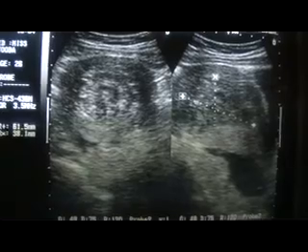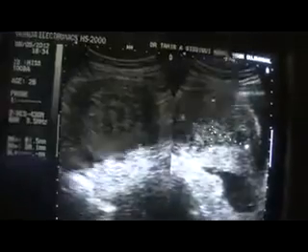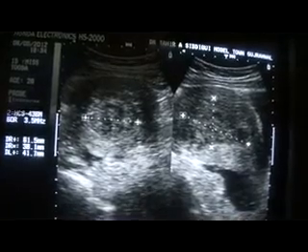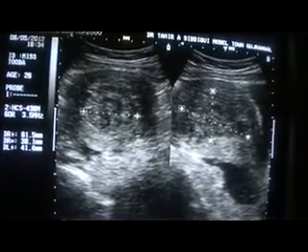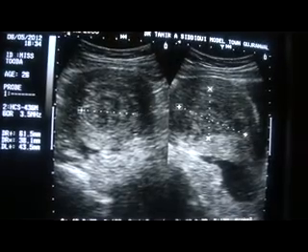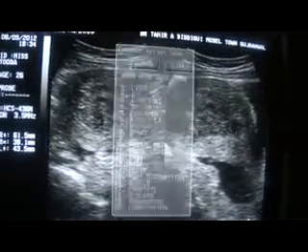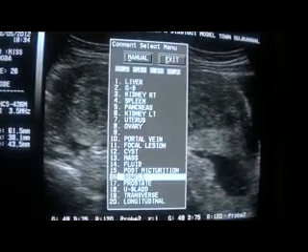Now the anterior segment myometrium measures 16 millimeters and the posterior segment myometrium measures 14 millimeters, which is normal. So we do not see any fibroid or any other lesion relating to the uterus.